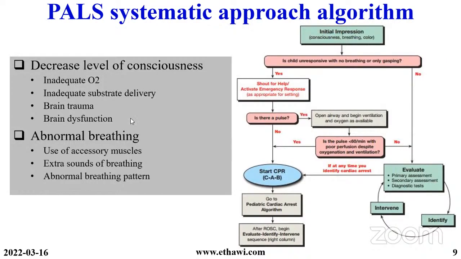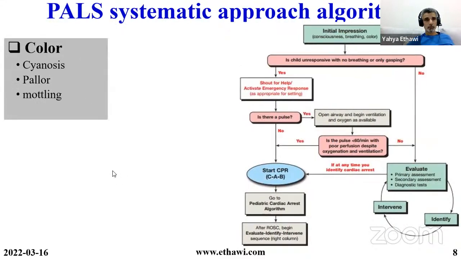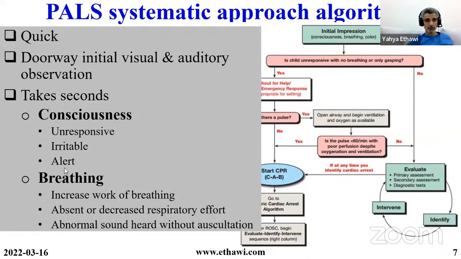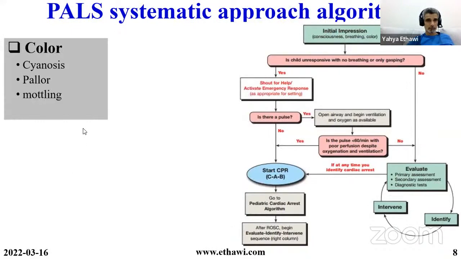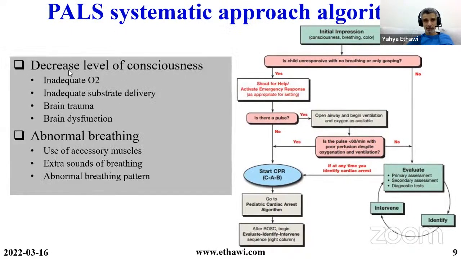Okay. Abnormal breathing is either you are using accessory muscles, which means you have difficulty in breathing, or you have extra sounds, such as snoring or wheezing, or you have an abnormal breath pattern. So remember these things: consciousness, breathing, color. Consciousness is altered for these reasons, and abnormal breathing shows these findings.